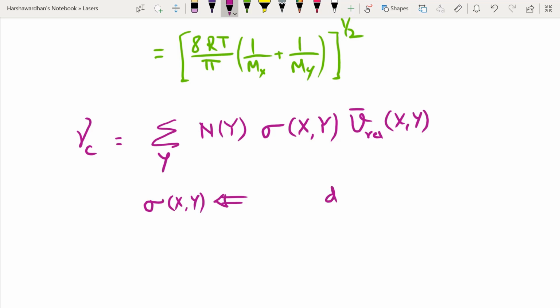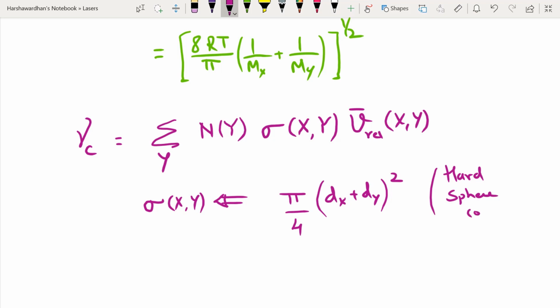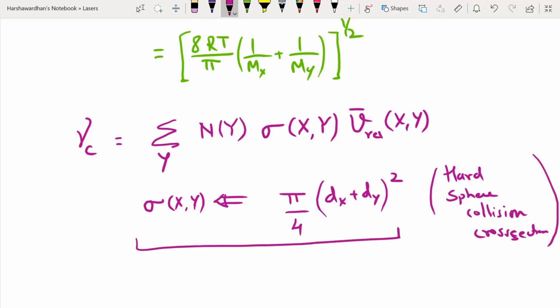Imagine dx is the diameter of the species x, and dy is the diameter of the species y. Then I can write down the collisional cross section as arising out of something like this. This is the hard sphere collisional cross section. This is an underestimate.